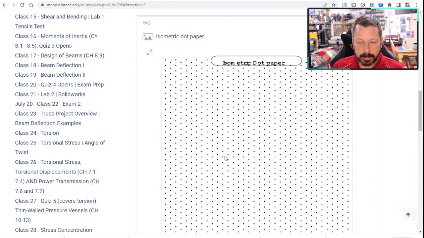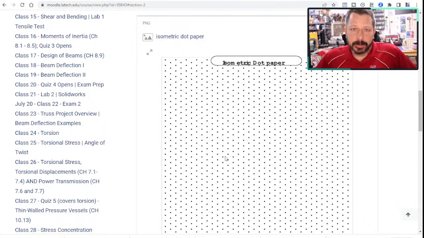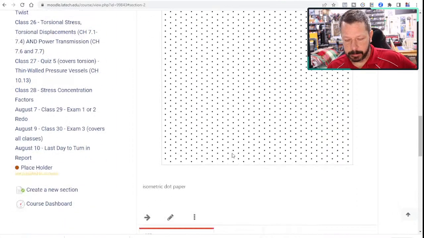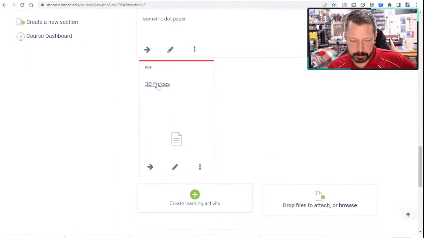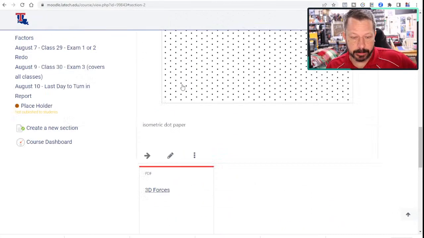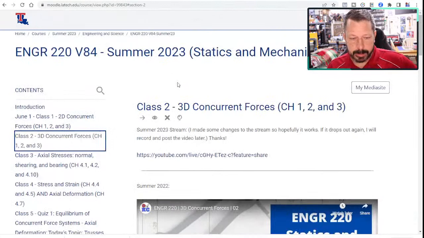If you want to download that, I don't know if you'll have time to print it out before we get to that or not, but at some point you might want to use some of these little dots. You don't need it right now, but I'm going to use it later on. There's a PDF here of an example problem or two. We'll go through something similar today, but if you want another one, you can look at that.